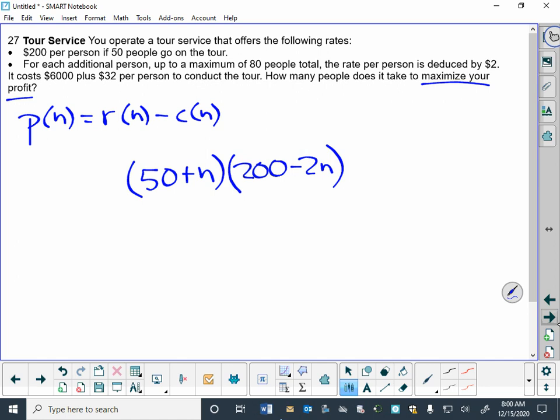Okay, I think that is my revenue, because that is the cost times the number of people, this is dollars per person, so this is my revenue.